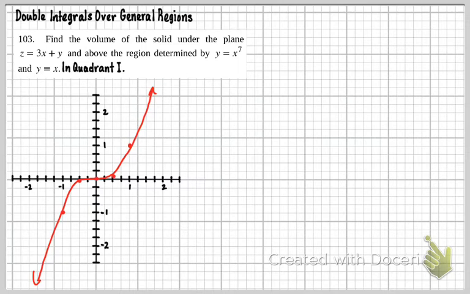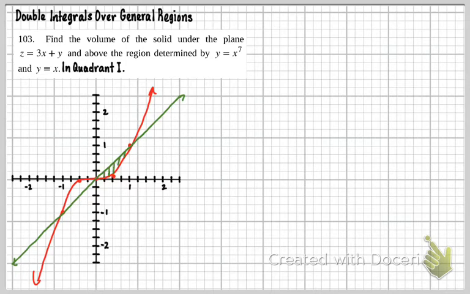Just make it bigger. Anyways, now I'm going to draw the other equation, y equals x. So now when I draw a line there, there it is. Pretty good line I drew. All right, so now the region of interest would be here.